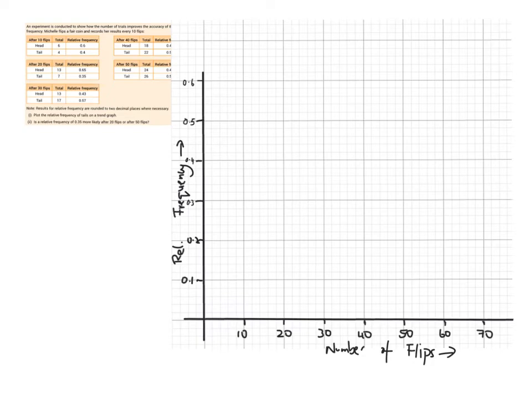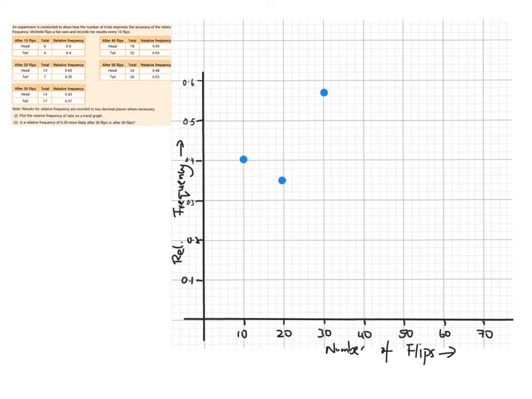Okay, so the first one, after 10 flips, has a relative frequency of 0.4. Then after 20, it's a relative frequency of 0.35. After 30, it's a relative frequency of 0.57, so somewhere up around here.